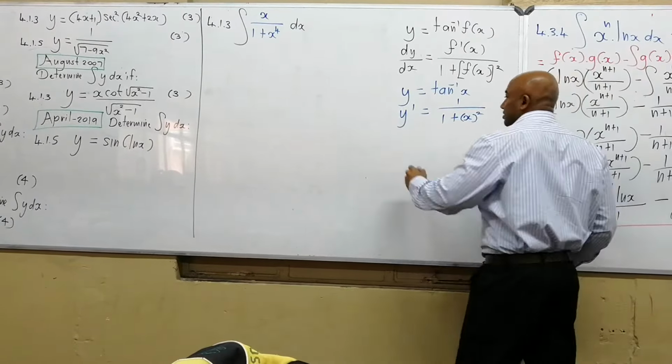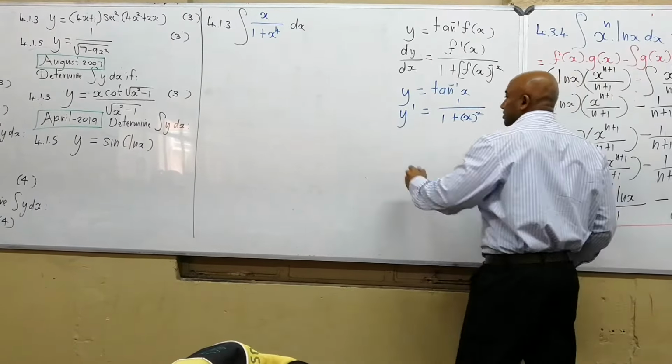So therefore, the derivative of x squared is going to be f prime x, which is 2x, all over 1 plus f of x, which is x squared, all squared. Can you see that? So now, if I simplify this here, it's going to be 2x all divided by 1 plus x to the power 4.